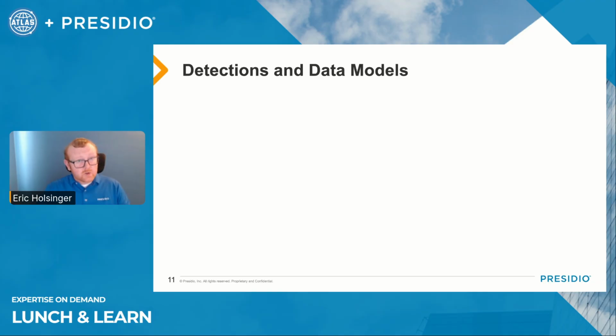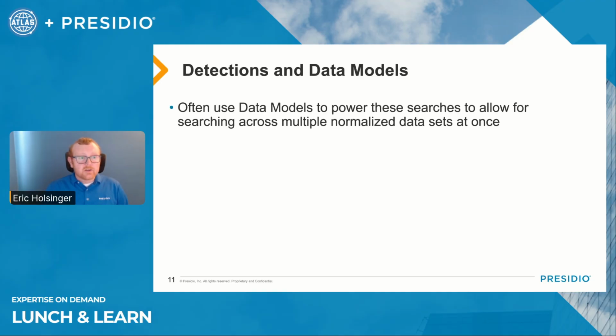And so goes hand in hand with detections are data models. Detections are either going to be fed by particular indexes, but a lot of them are going to be fed by data models. They often use data models to power these detections to allow for searching across multiple normalized data sets at once.